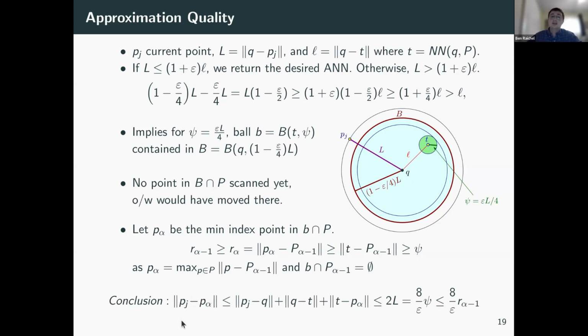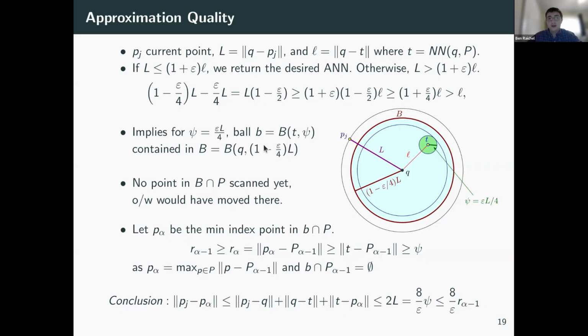The key fact is that Pj minus P alpha, so again, here's Pj on the outside here, P alpha is a point in this green ball. I can conclude by triangle inequality that this is less than or equal to 8 over epsilon R alpha minus 1. If you want to see what happens here, I just take the triangle inequality and expand it into these three terms.